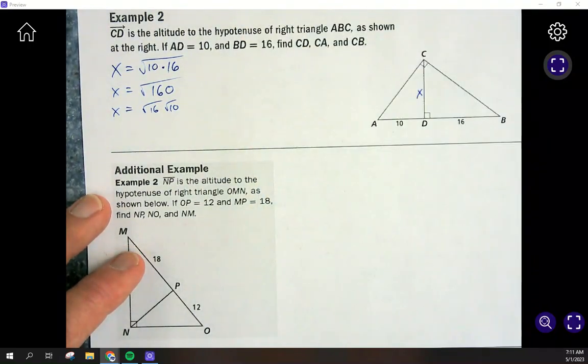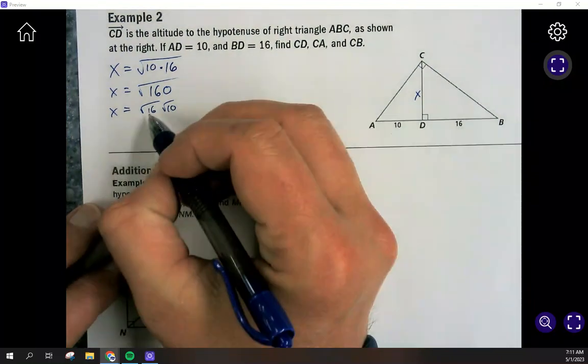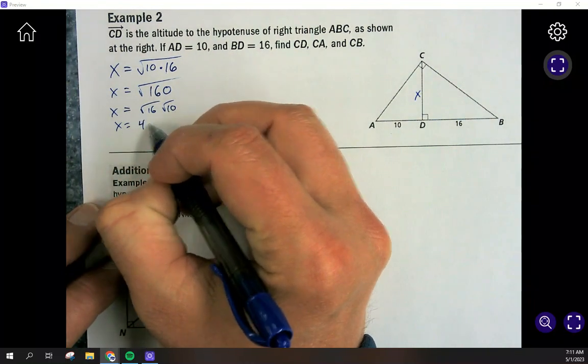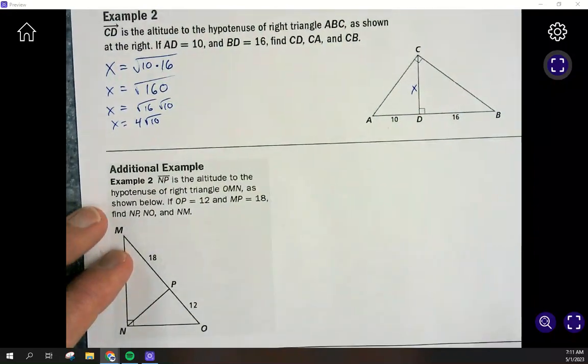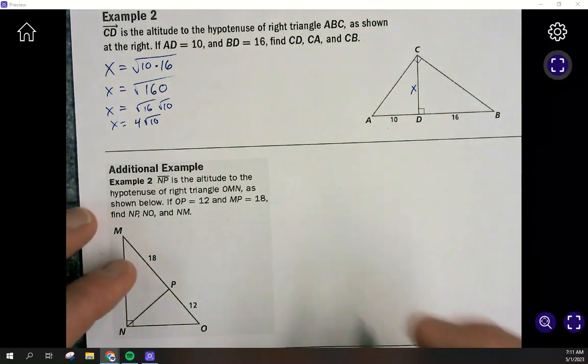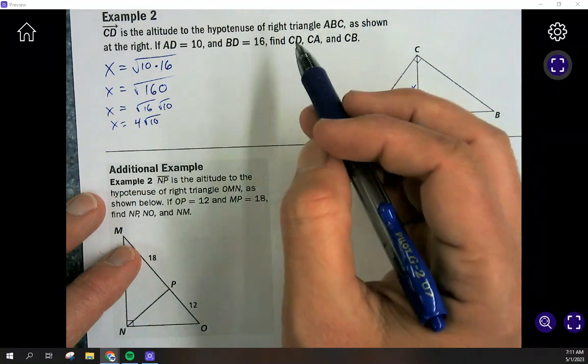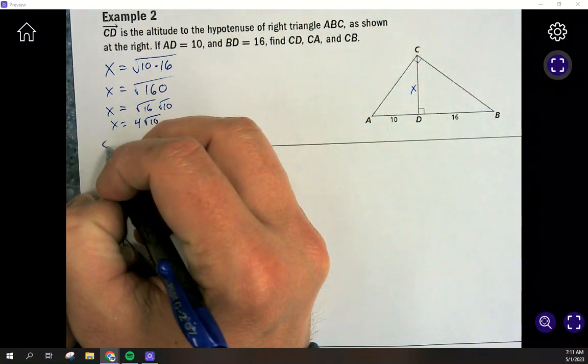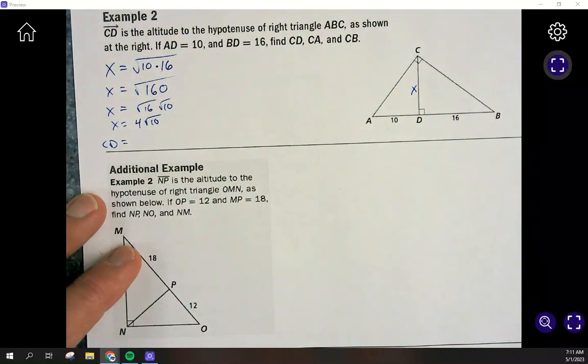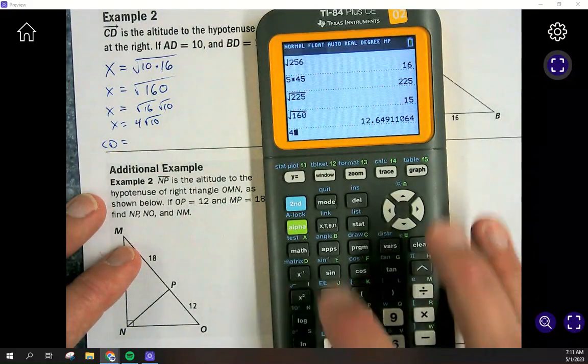It's not. So we're going to put this in simplest radical form. So square root of 16 is 4. Nothing happens with the radical 10. So that's fully simplified there. If they wanted this rounded, and again, we're solving for CD here, we would go ahead and just plug in 4 radical 10 into our calculator.